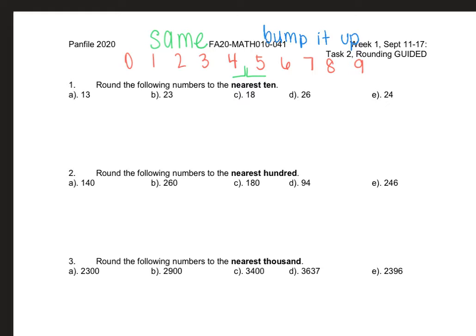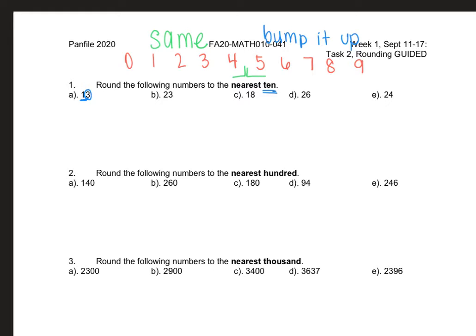What we're going to do is underline the place value of where they want us to round to. So if we want to round the following numbers to the nearest 10, I'm going to underline the tens place. The tens place is here. That means that what we're actually looking at is the 3.